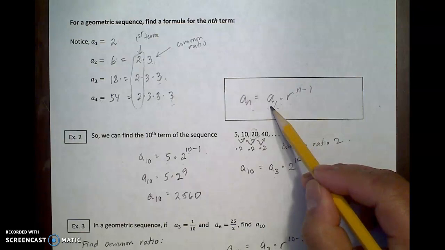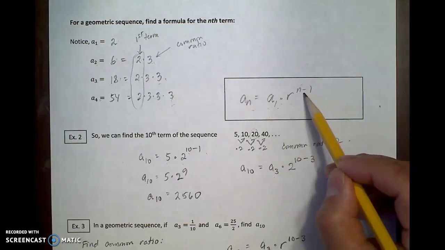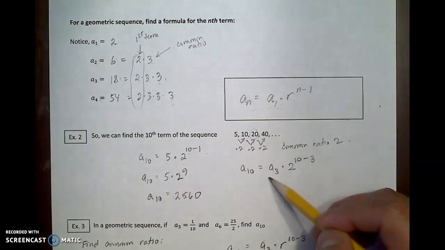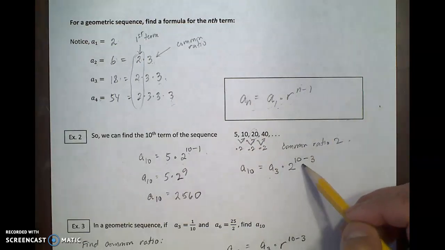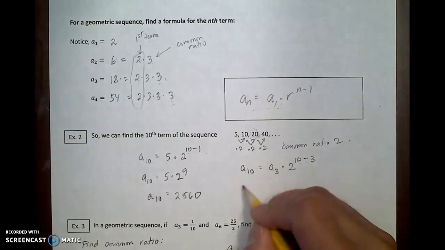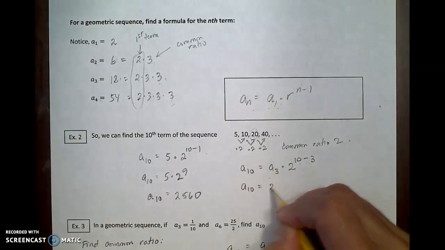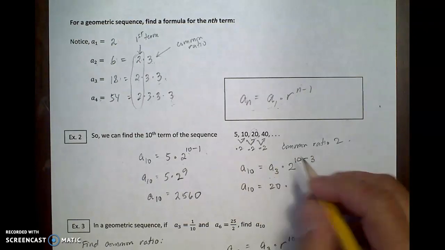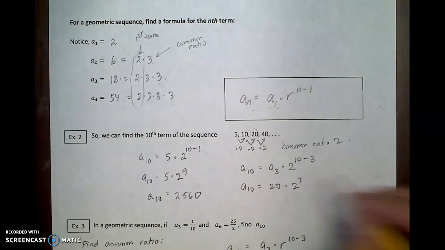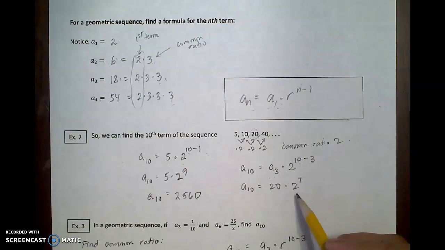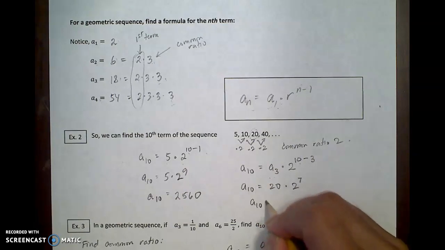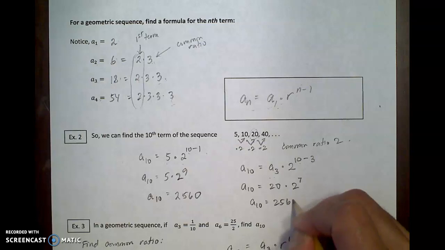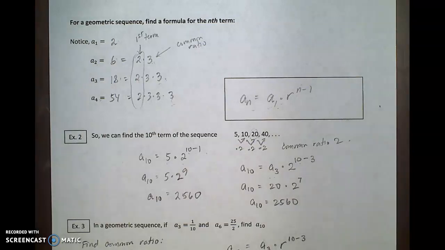Again, in this initial setup, we use the first term, so then we're doing n minus 1. Here we're using the third term. Now we're doing the n value minus 3. And you're going to see that with that adjustment, we are still going to be able to get that same value for the 10th term.